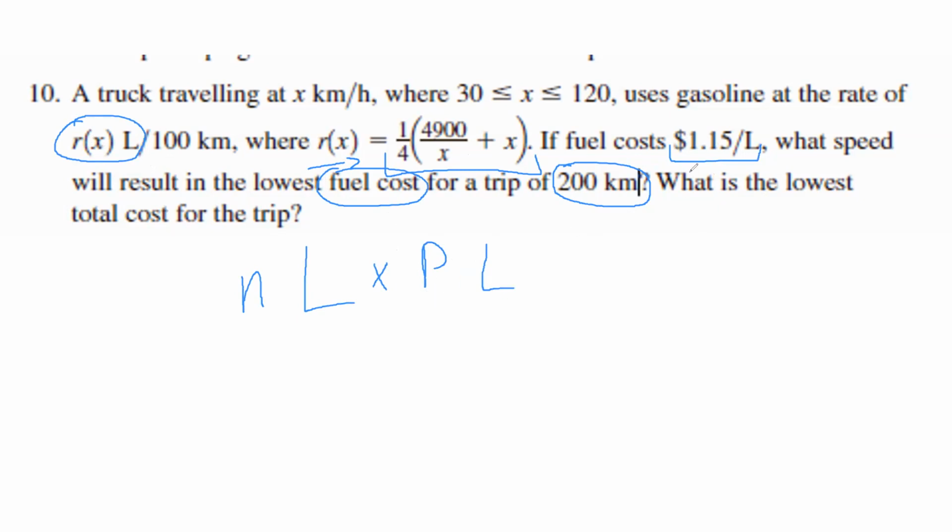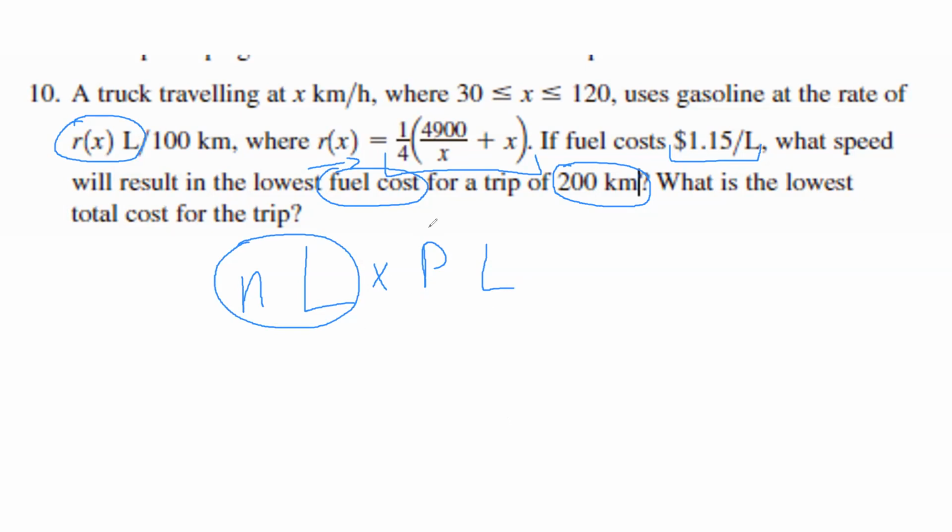So if price per fuel is not changing, it's constant, we would like to find the smallest amount of fuel we can spend. And that's how we minimize this cost. Make sense?